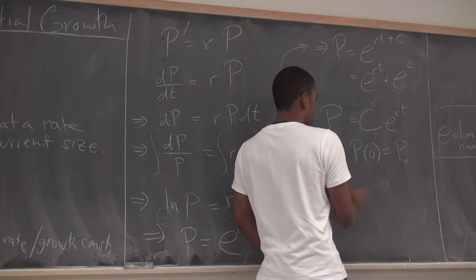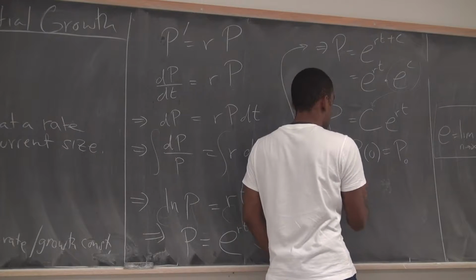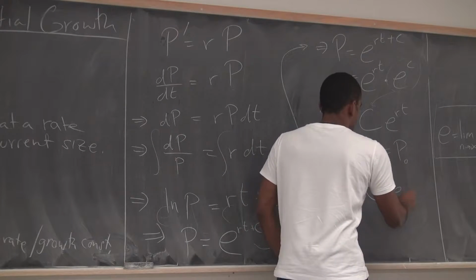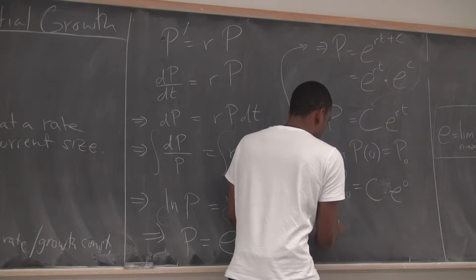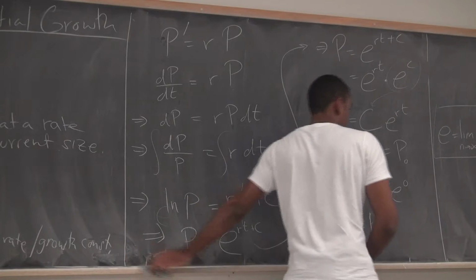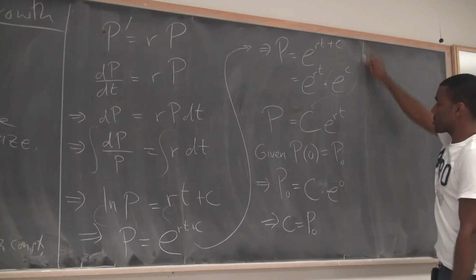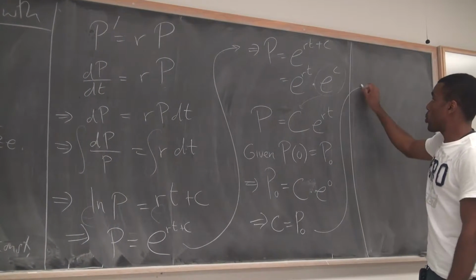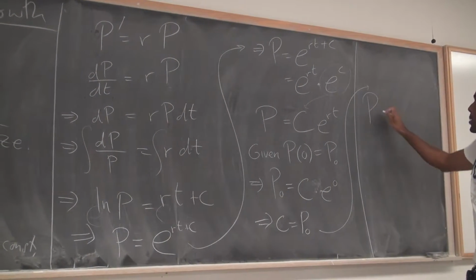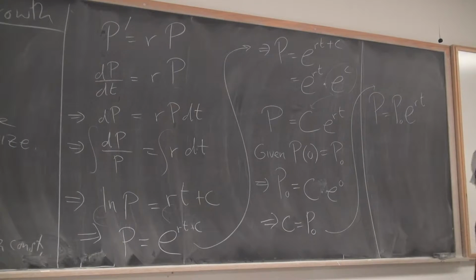This means if I plug in t equals 0 into this formula, P would be P naught, e to the 0, which means your c equals P naught. And so finally you end up with the all-important formula. P is equal to P naught e to the rt.